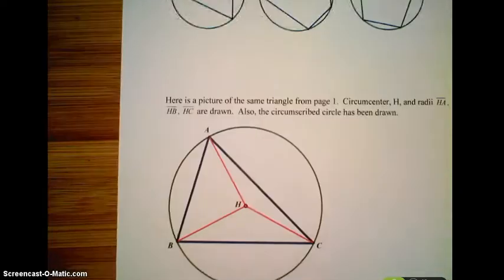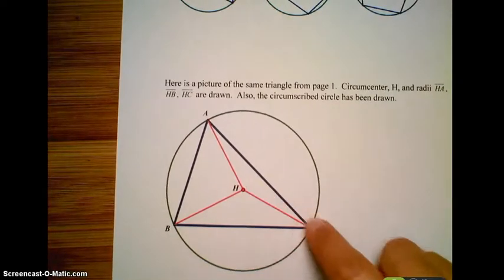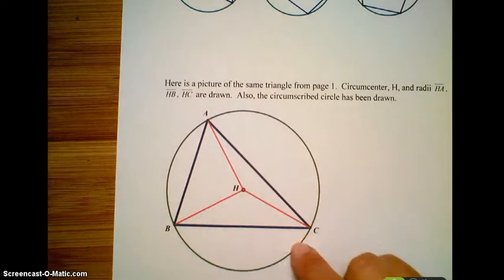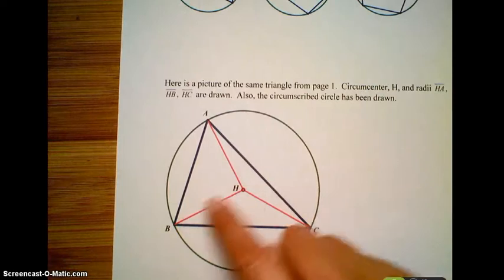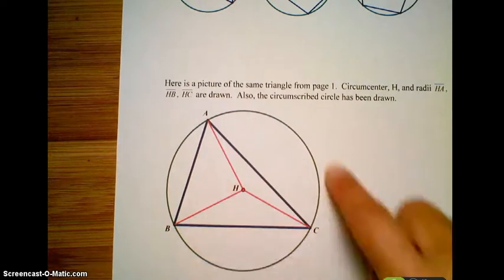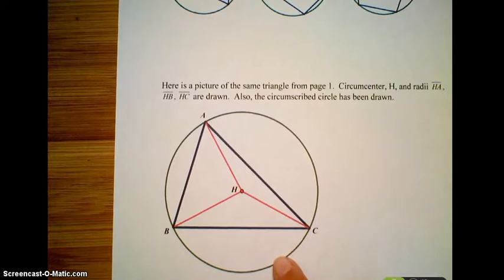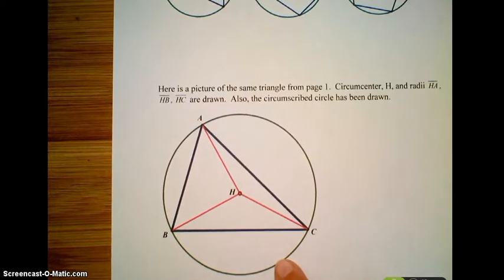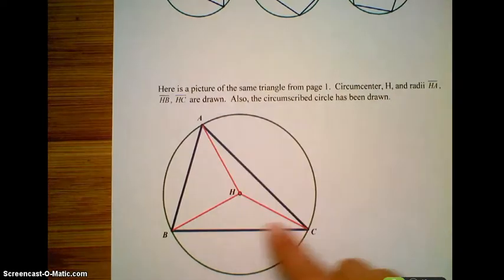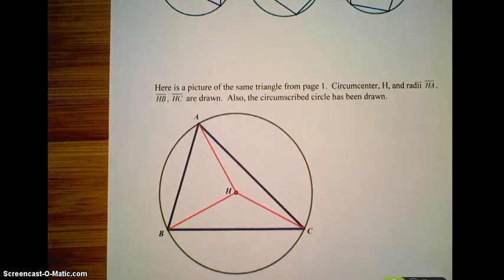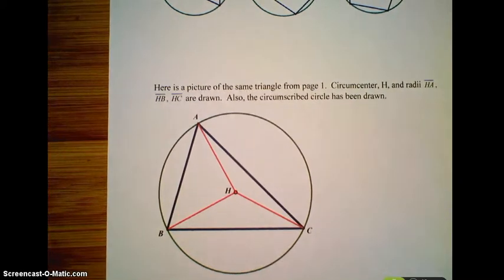And so we can see on page 2 the 3 radii. Of course, there's infinite radii, but the 3 that go out to the vertices have been drawn, and then the circle has been drawn around that triangle. So this circle is circumscribed about triangle ABC. Okay, actually let's mark this while we're here.